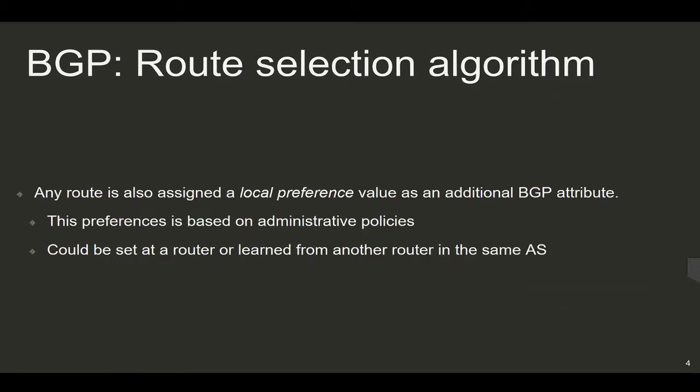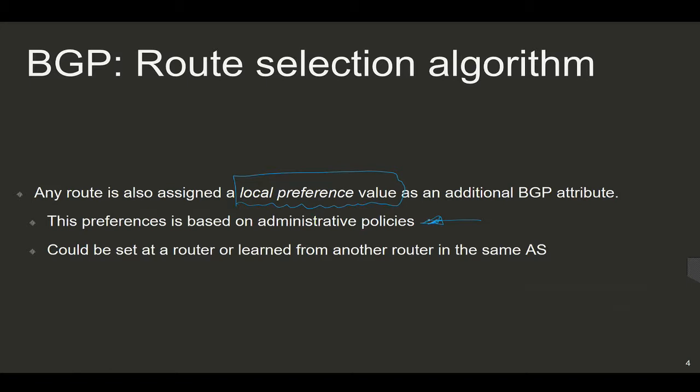Now, the route selection process in BGP is a little bit more elaborate than that. Hot potato routing is just one part of the solution, and what we're going to use is an additional BGP attribute. Remember that before we talked about two BGP attributes, the next hop and the AS path. We're going to add another one called the local preference value, which is set basically by the administrator of the autonomous system.